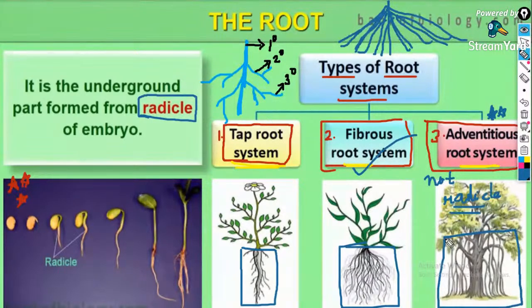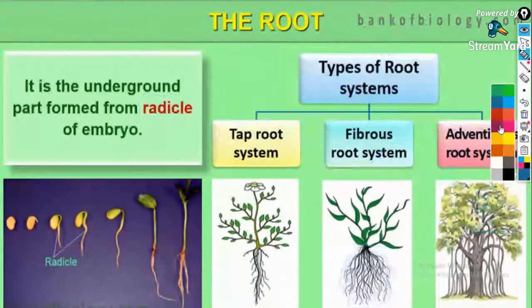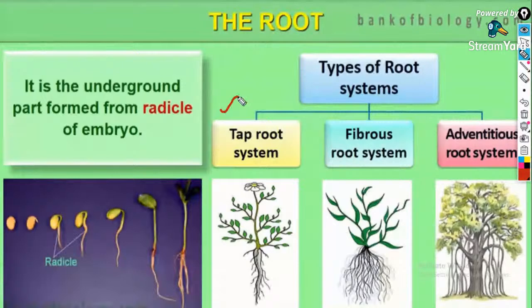The next point that you have to study is that the taproot system is the characteristic of dicotyledonous plants. What are dicots? They have double cotyledons. Okay, actually this is the guard cell, this is not the cotyledon. They will be having two cotyledons.